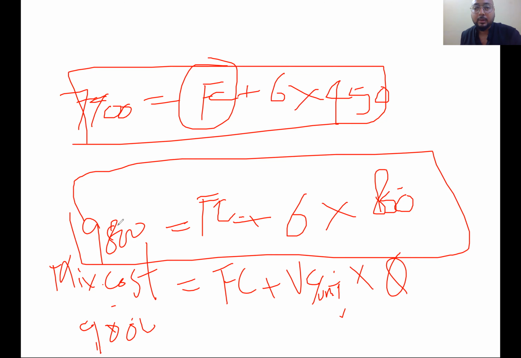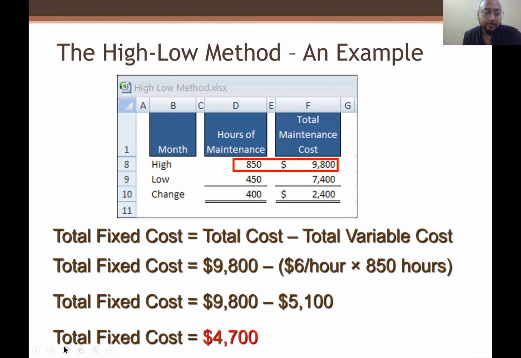So let's go back to our discussion here. So we pick here 9,800. So 9,800 is total maintenance cost, which is a mixed cost, which includes the fixed cost plus total variable cost. So you rearrange the formula to find out the fixed cost and total variable cost. How can we find that out? Through this formula, 6 multiplied by 850.